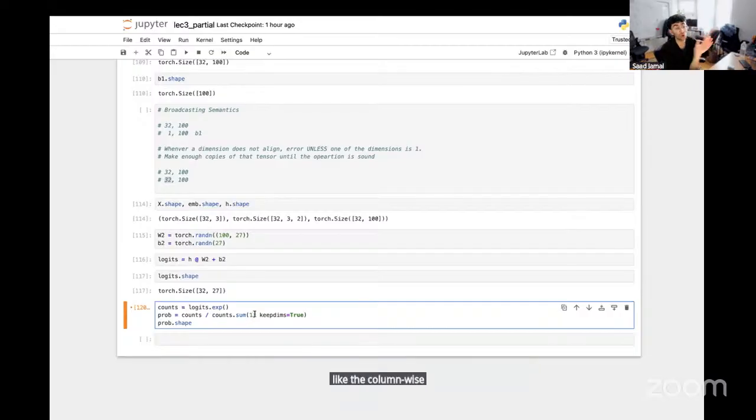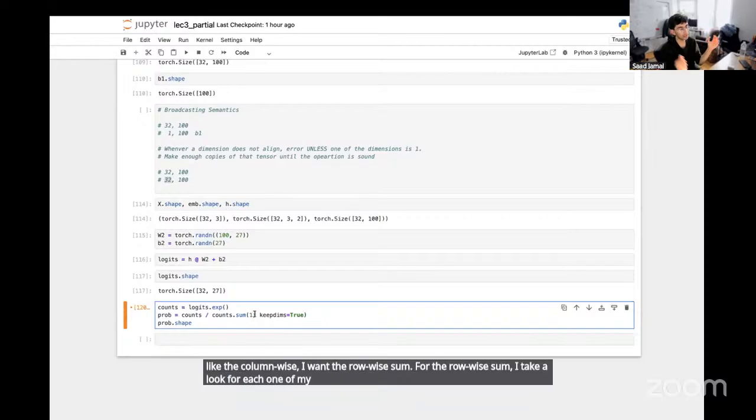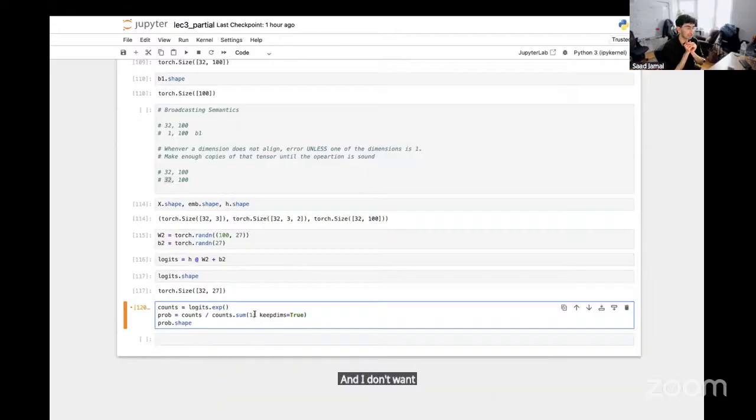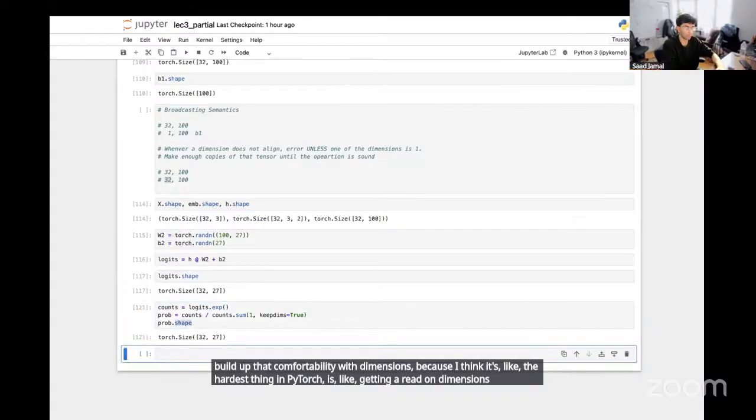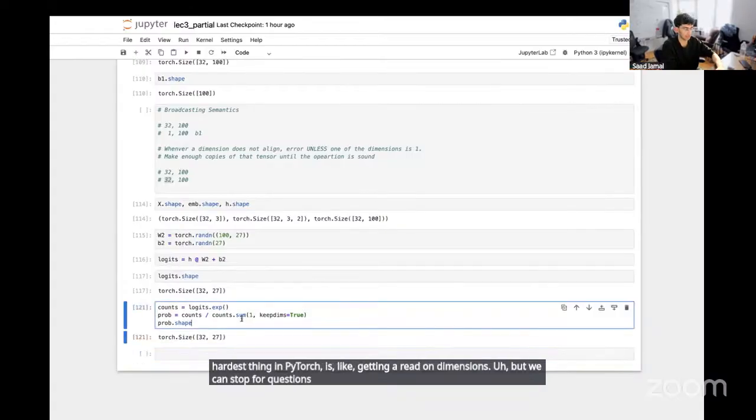I want the row-wise sum. For each one of my rows, I want to sum up the counts for all those examples and then divide. Because I want to normalize the rows and not the columns, I use a 1 here. Guys, I'm trying to build up that comfortability with dimensions because I think it's the hardest thing in PyTorch, just getting a read on dimensions. But we can stop for questions in a little bit if that's confusing to anyone.